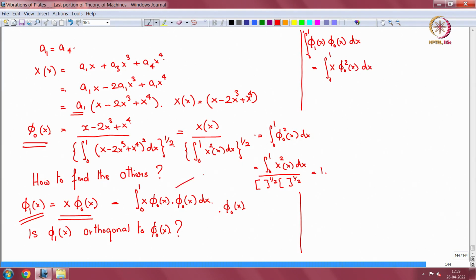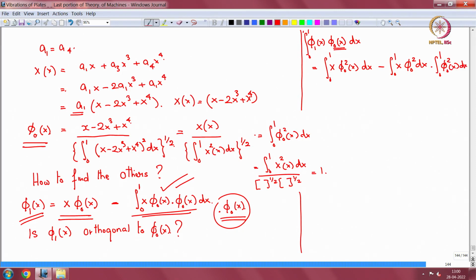I have this term also, but this is already an integral. So, minus integral 0 to 1 x phi 0 square dx into, this is function of x, integral 0 to 1 phi 0 square x dx.